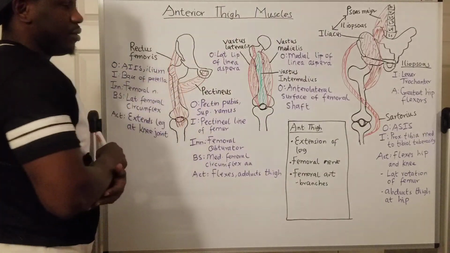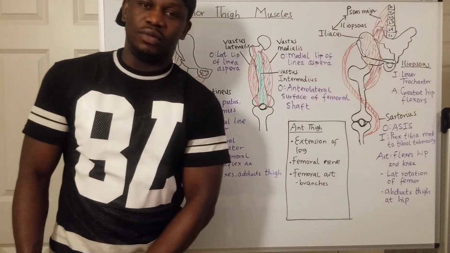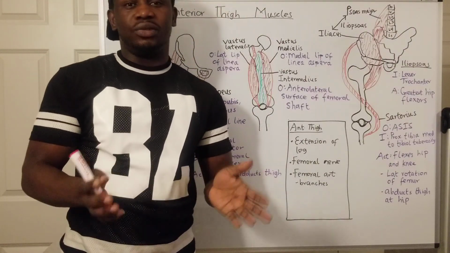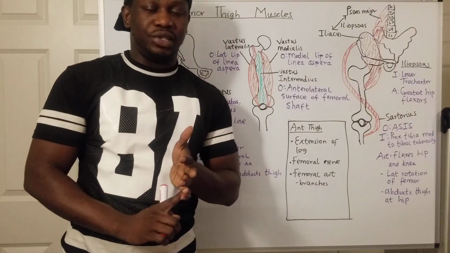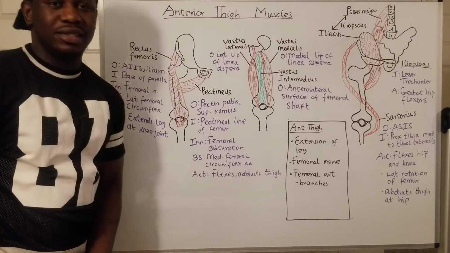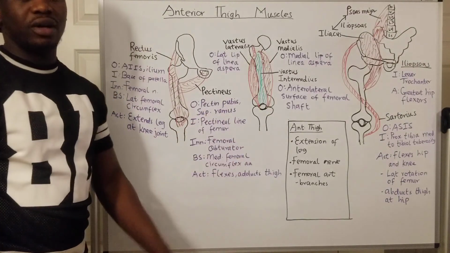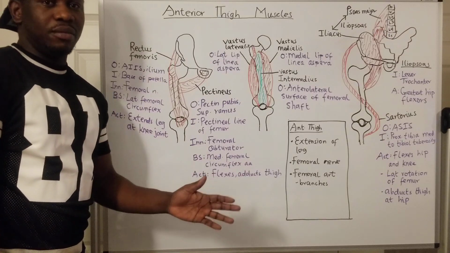Okay, so let's start. So first of all, when we study the anterior muscle of the thigh, we have a general rule. The artery, all right, we have to recognize the artery which supplies blood to the muscles in the anterior thigh region, and is the femoral artery. Same as the nerve.